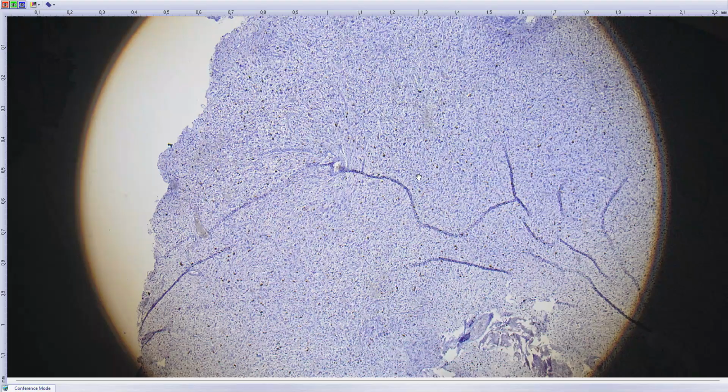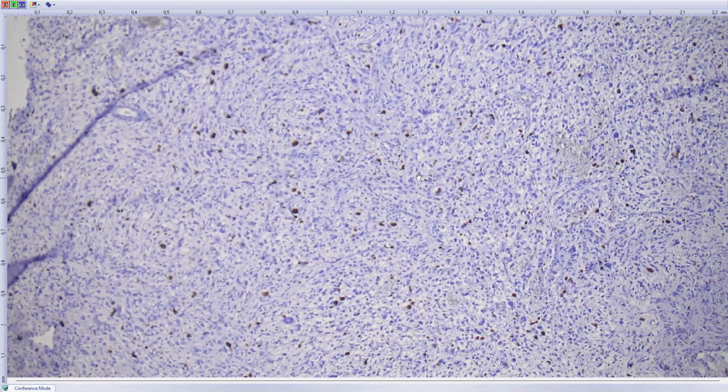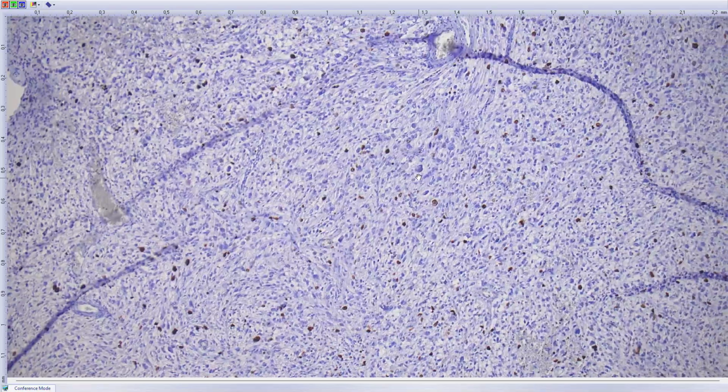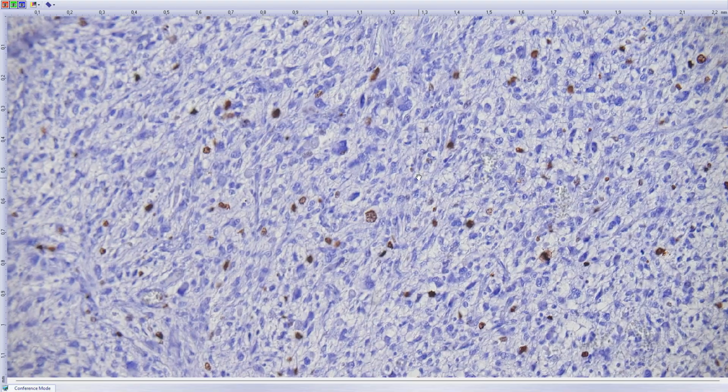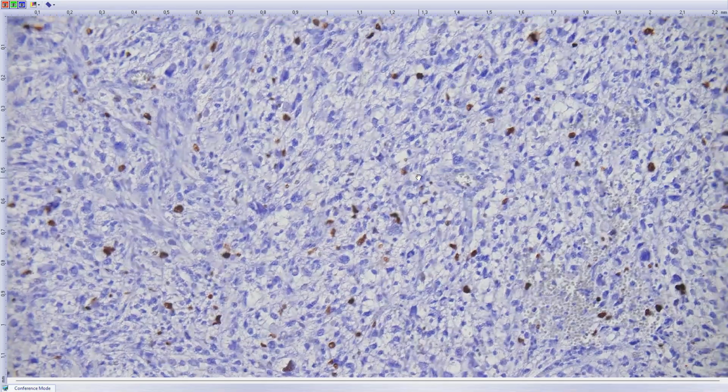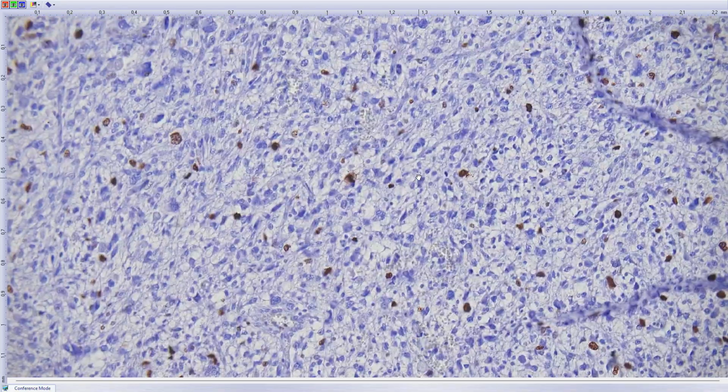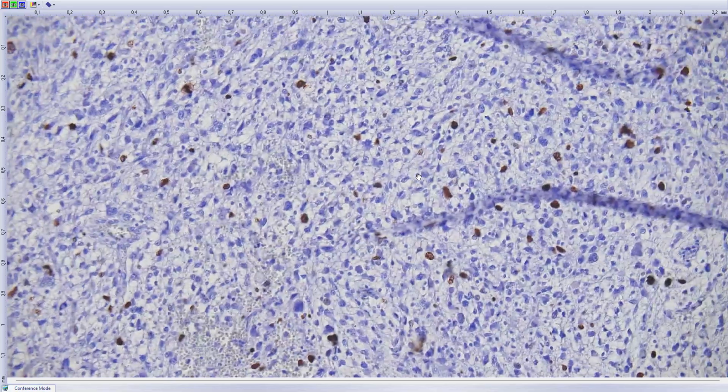And this is Ki-67 staining. Most pilocytic astrocytomas will have a proliferation index close to 0 or 1%, 2%. So this is much higher, and here you can see there are lots of mitotic figures.